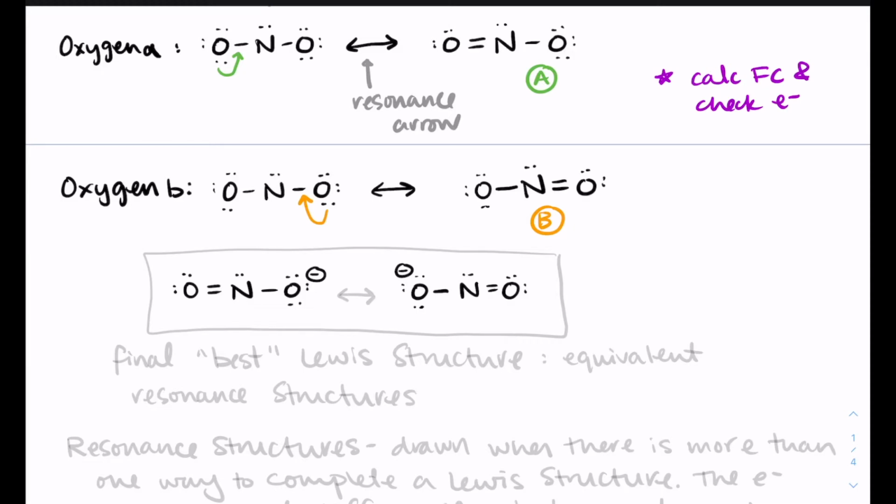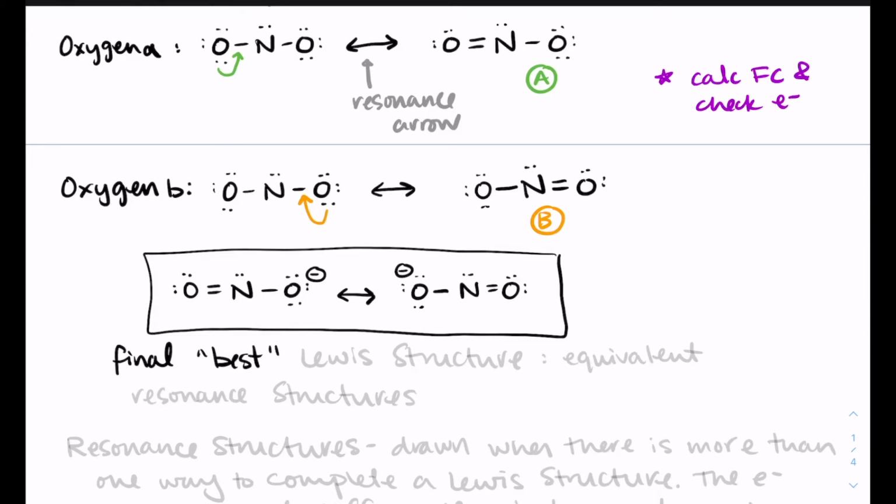The oxygen with 2 lone pairs and a double bond, which is the oxygen on the left in structure A and the oxygen on the right in structure B, has a 0 formal charge. And an oxygen with a single bond and 3 lone pairs has a negative formal charge. So my final answer: there's no better or worse between these two structures.